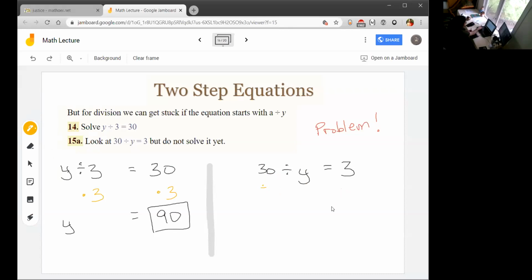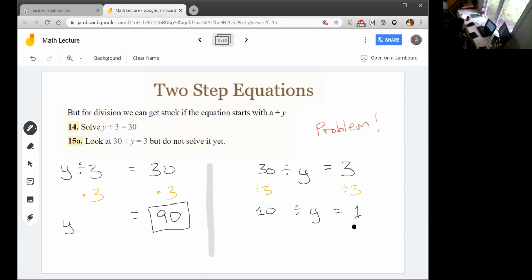Okay, so if I divide both sides by 3, 30 divided by 3 is 10. 3 divided by 3 is 1.